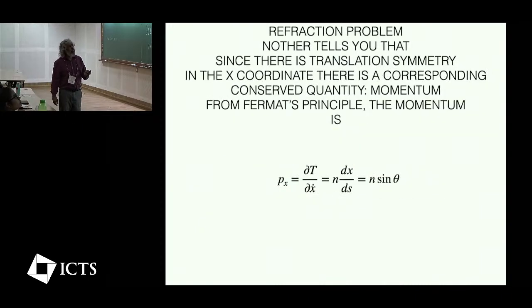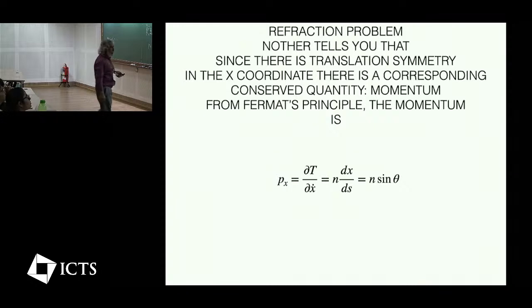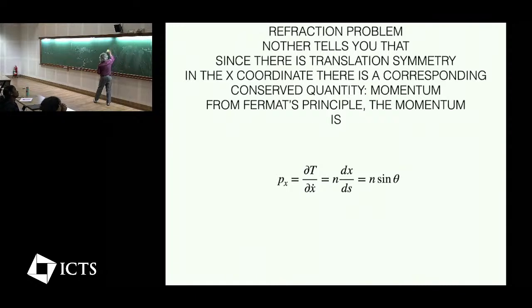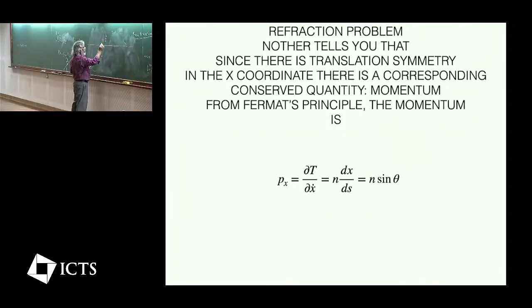So let me just apply Noether's theorem to the very simple problem of refraction. We've already been through the variational formulation of refraction. So Noether's theorem tells you that since there's a translation symmetry, I have a glass slab here which goes to infinity, and a ray of light incident from here, and it reflects, and it refracts.